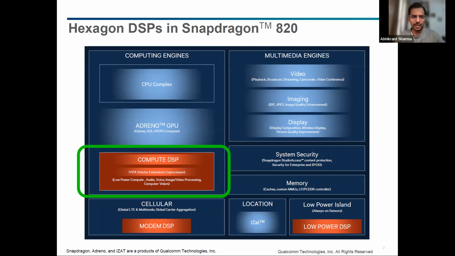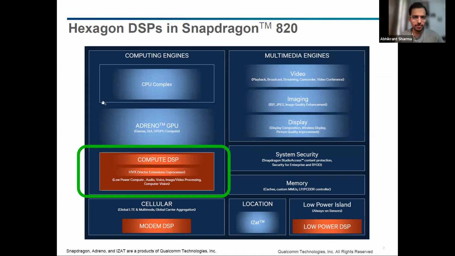So with that in mind, what I'm sharing on the screen right now is the architecture of the Snapdragon 820 hardware. Now, this is a slightly older generation of the Snapdragon SoC, but the ideas will remain true even if we take the latest generation of the Snapdragon hardware. On the screen, you can see multiple components that comprise the Snapdragon hardware. There are multiple processors present on the SoC.